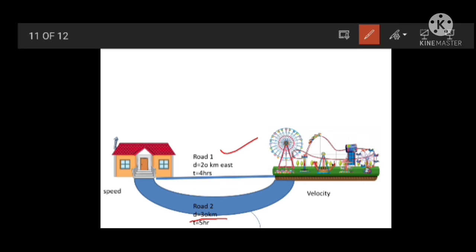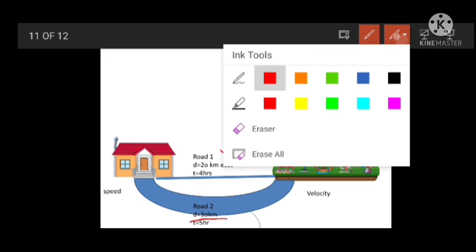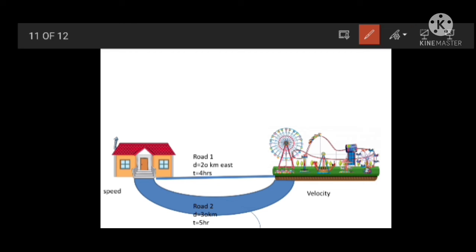If we talk about distance and displacement, looking at the picture, if you are traveling through road 2, your total distance traveled is 30 kilometers, but your displacement is 20 kilometers.